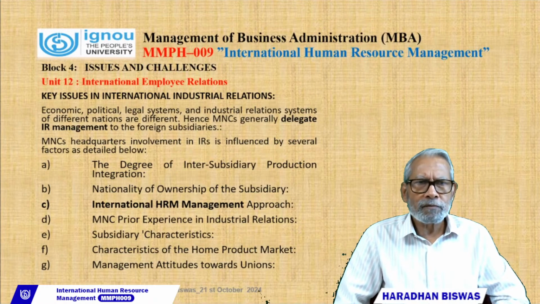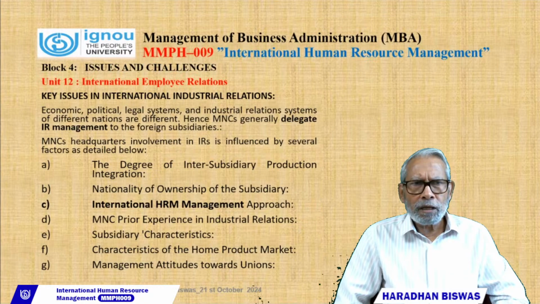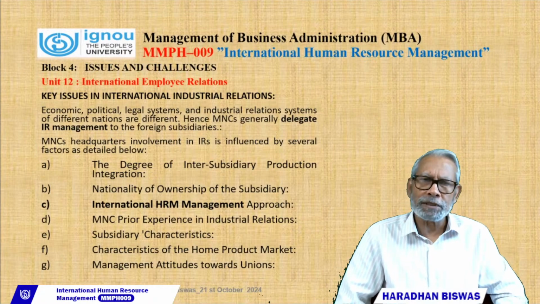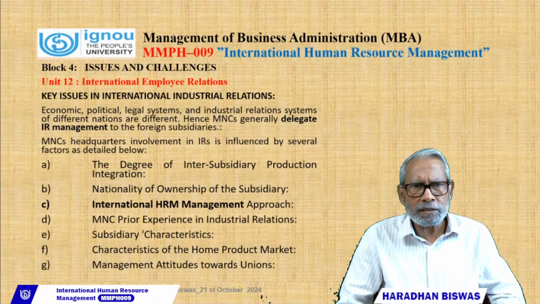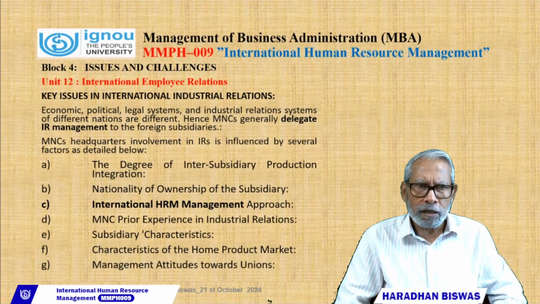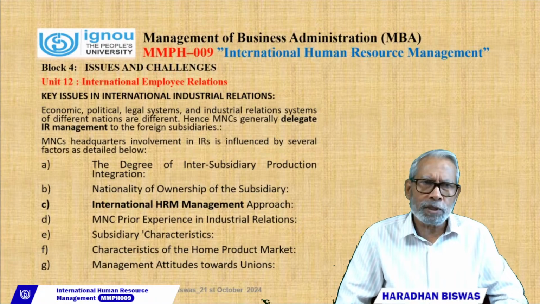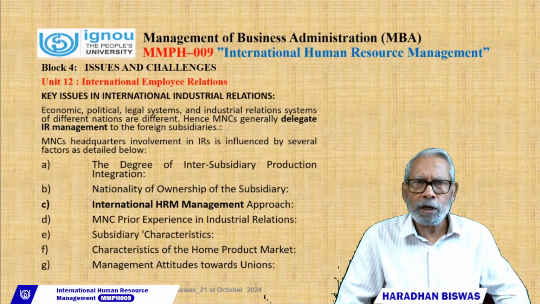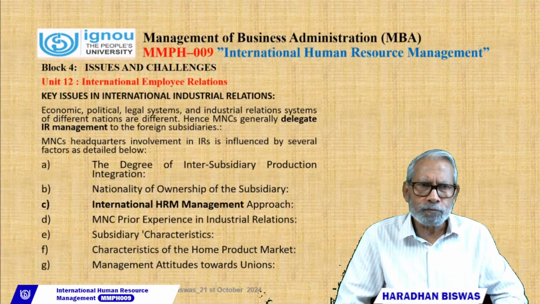Hence, multinational companies generally delegate industrial relations (IR) management to the foreign subsidiaries. The foreign subsidiaries decide what to do based on their economy, local systems, and the legal regulations, and how to choose the best options based on this.